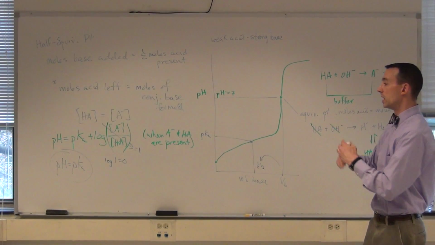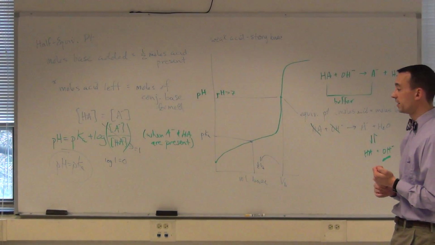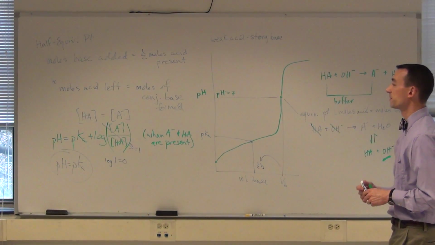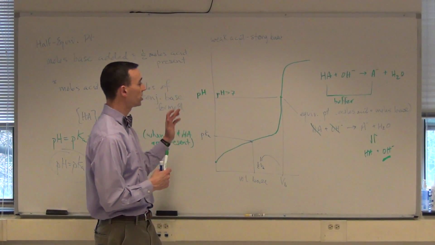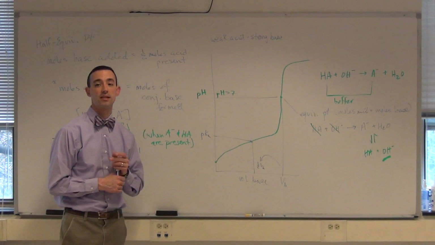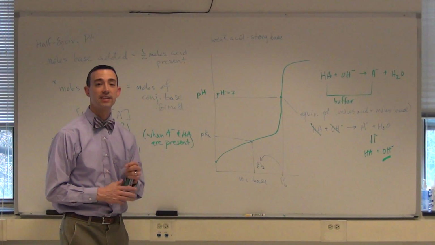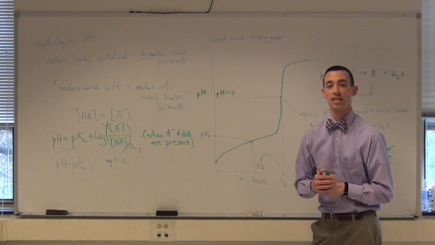Okay? So we're going to generate some physical properties of our unknown acid in order to identify it. And they'll come from the titration curve. Now, in practice, you'll do the titration twice of your weak acid. First, you will titrate your sodium hydroxide to standardize it. This will be very similar to the way you conducted titrations in Chemistry 1.